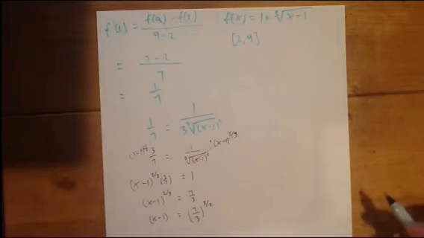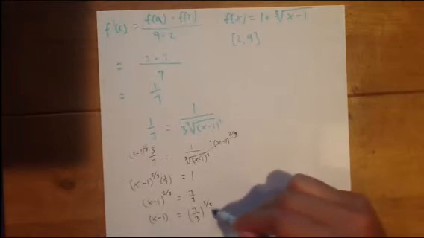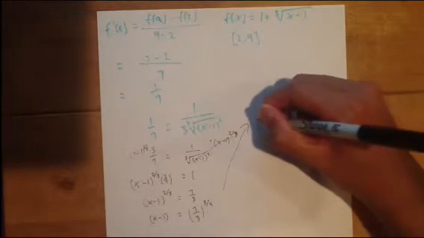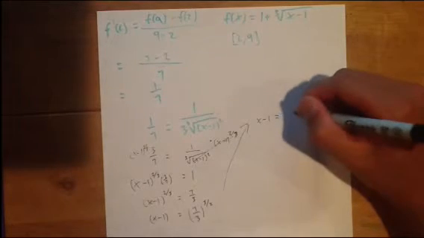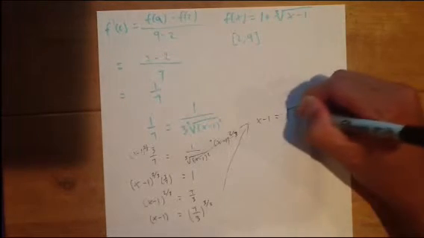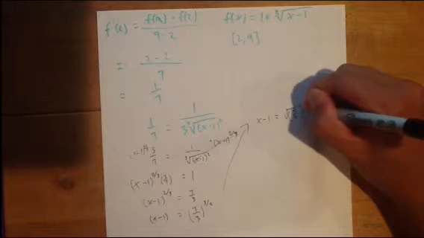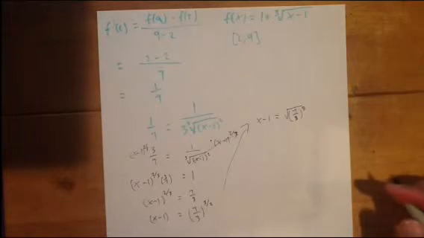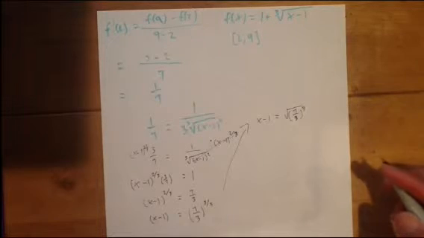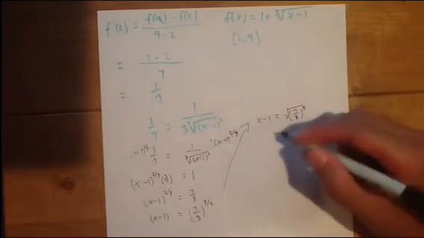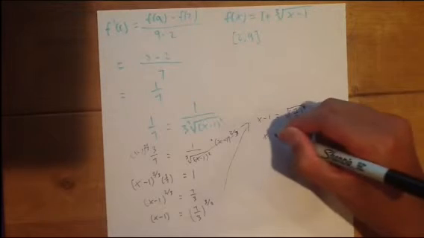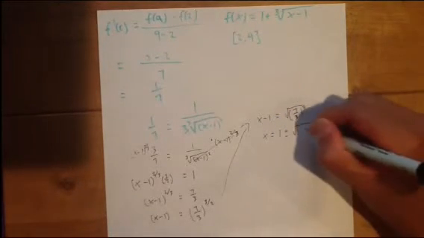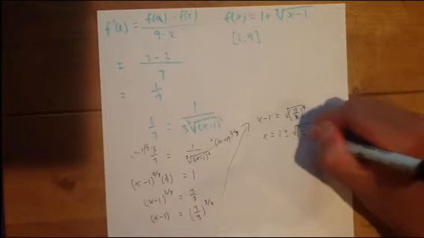We can rewrite this as x minus 1 equals the square root of 7/3 cubed. And when it's the square root, we're going to get a plus or minus value. So I'm going to add 1 to both sides to get x equals 1 plus or minus the square root of 7/3 cubed.